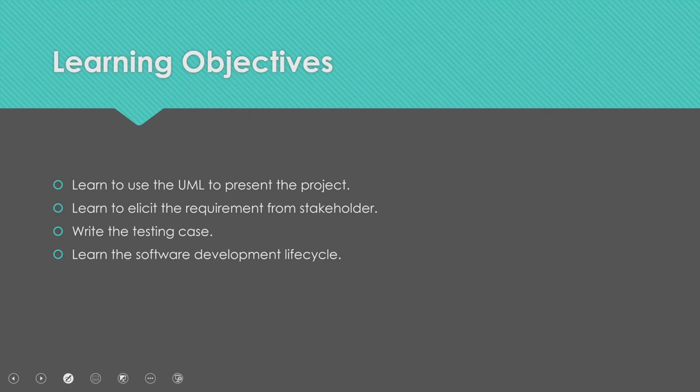For example, maybe your parents or your friend asks, I need an application to help me select the best course for me this semester. But basically, this is a very vague requirement.